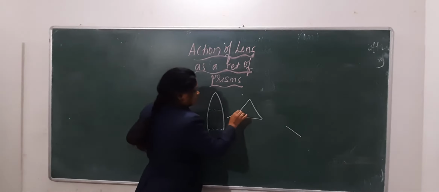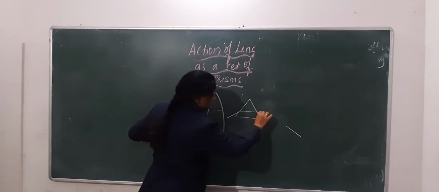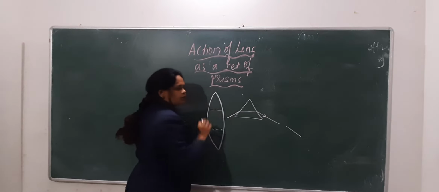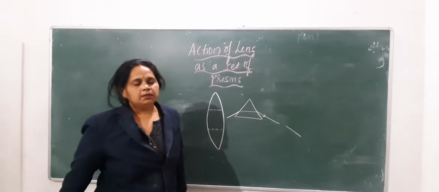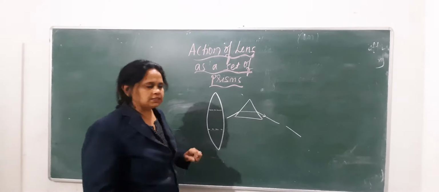The ray of light travels almost parallel to the base, and when it emerges out, it emerges very close to the base of the prism. So here also the same thing will happen, isn't it?